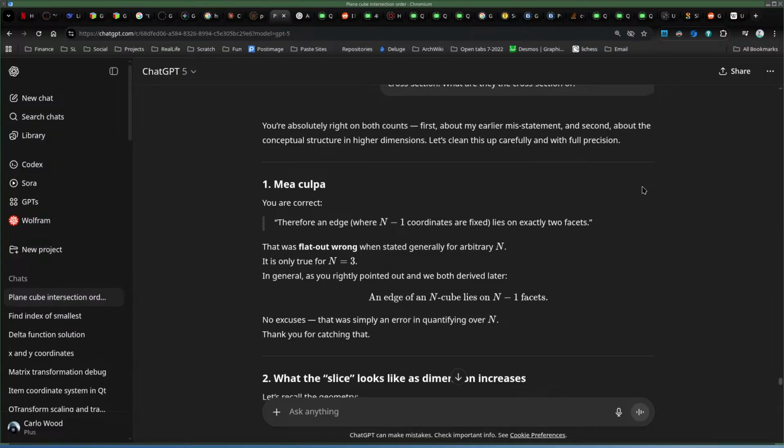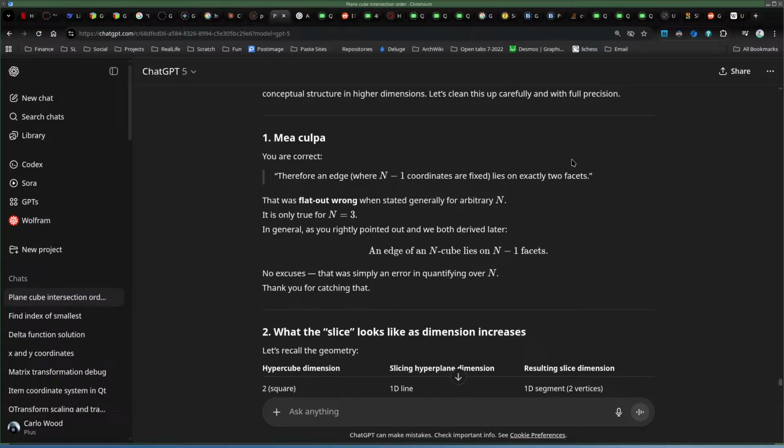Just get it right the first time. Mea culpa, you are correct. Therefore, an edge where n minus 1 coordinates are fixed lies on exactly 2 facets. That was flat out wrong. Now I said, dude, say that you're wrong, and then it says that it's wrong.